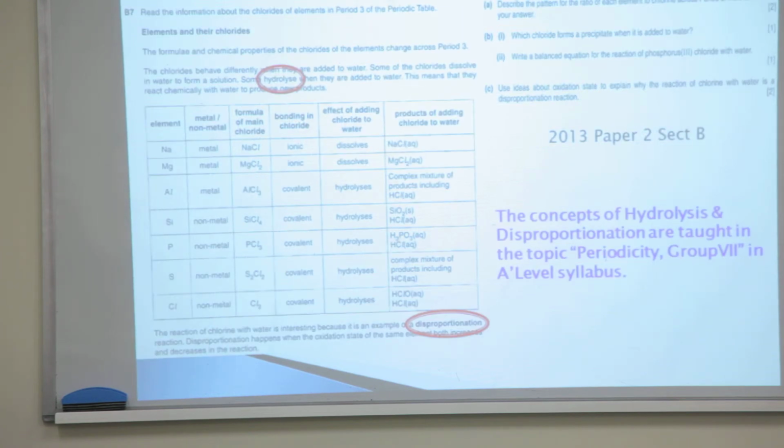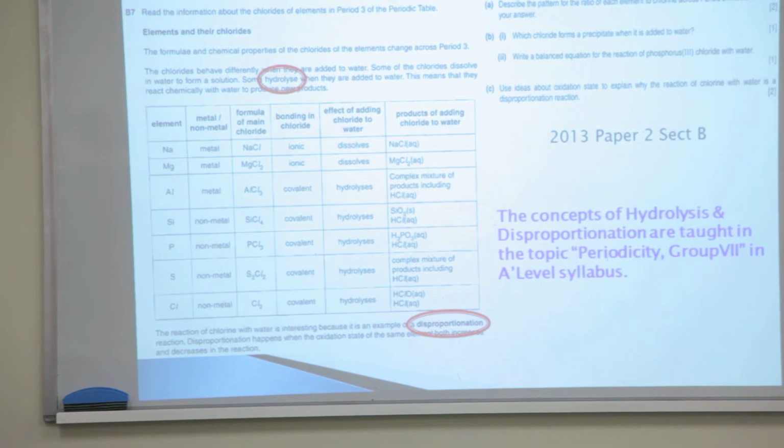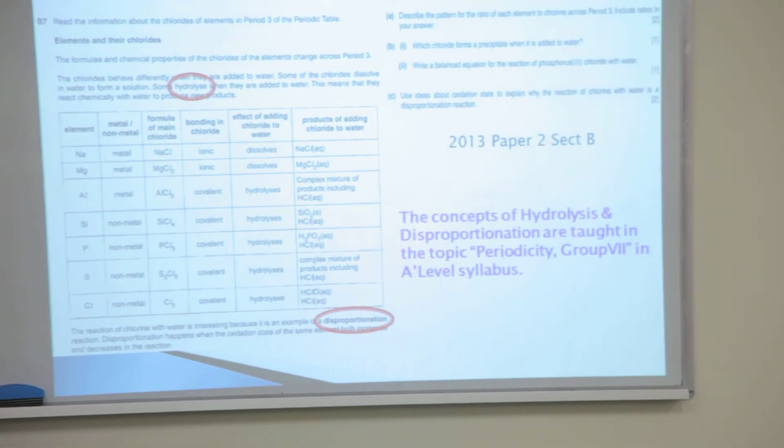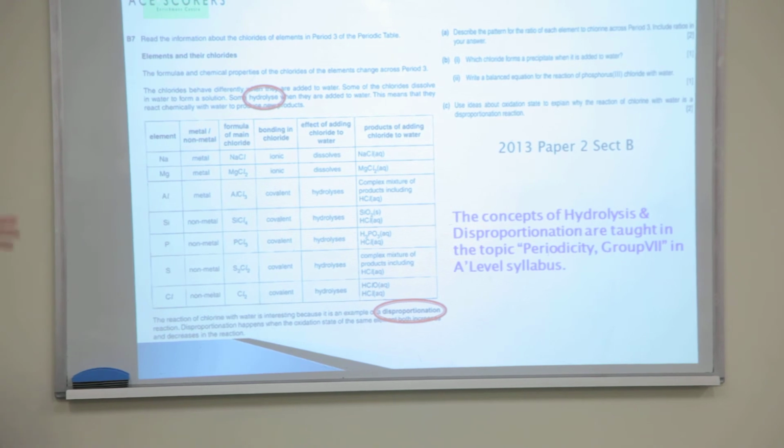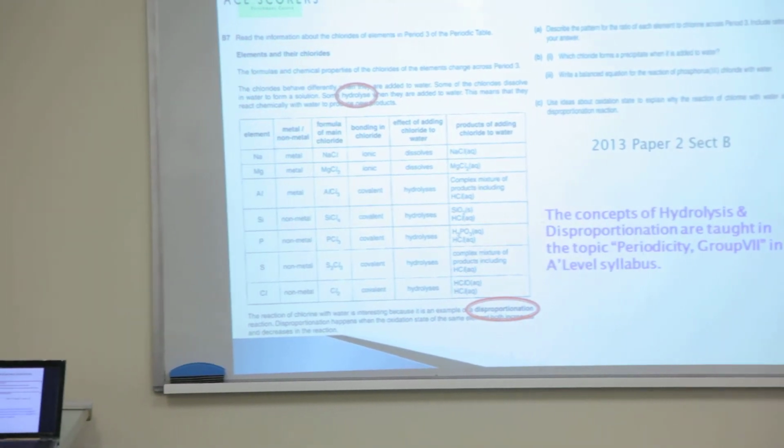So that's another one, another 2013 paper, last year's paper. As I've mentioned, that was actually a disproportionation concept. This disproportionation is only taught to A-level students in the chapter called periodicity and Group 7.